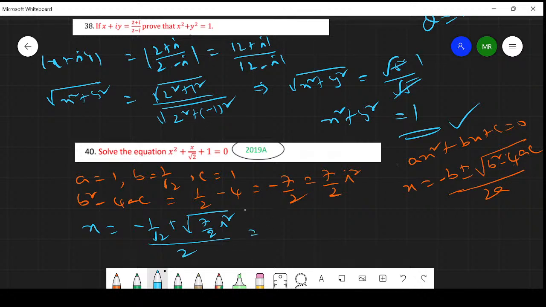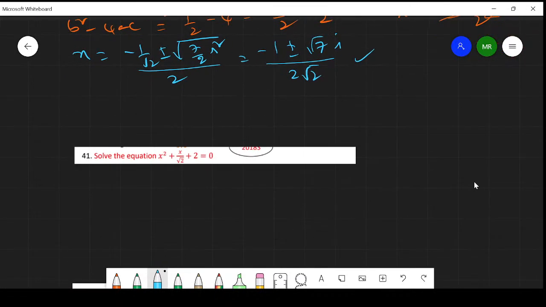So I can write minus 1 plus or minus root 7 into i by 2 root 2, because both have root 2 common in the denominator. Understood? The root of 7 by 2 is root 7 by root 2. Minus 1 plus or minus root 7i by 2 root 2 is your answer. In 2019 they asked this one.